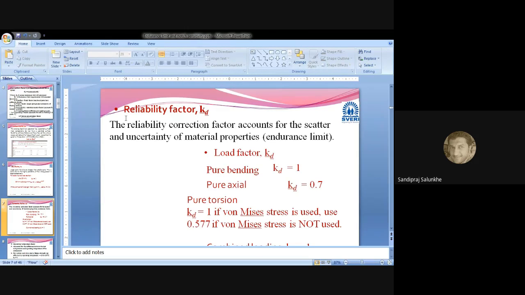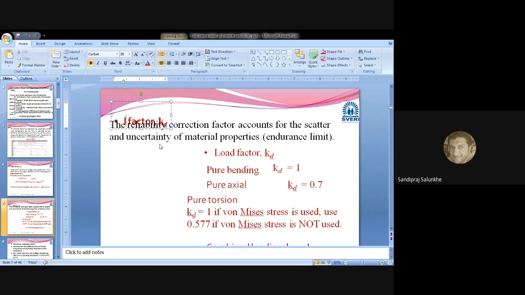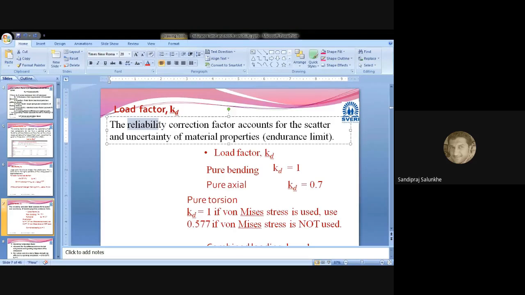Now, when we are talking about the load factor, this load factor is denoted by Kd.